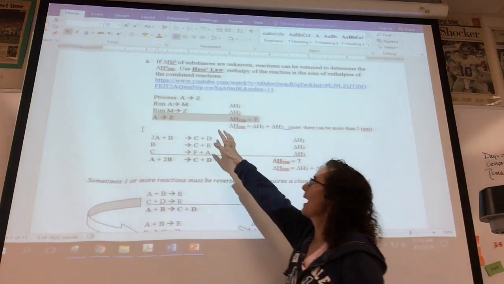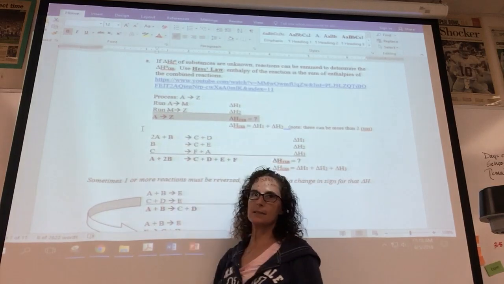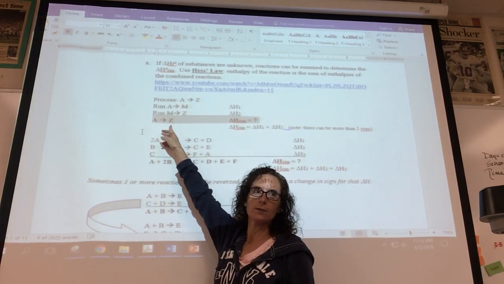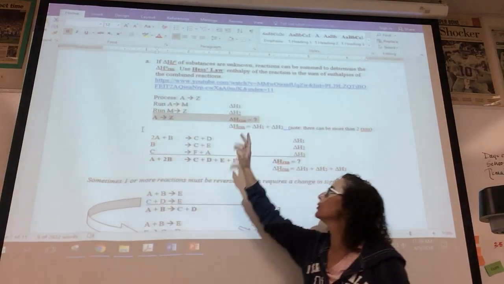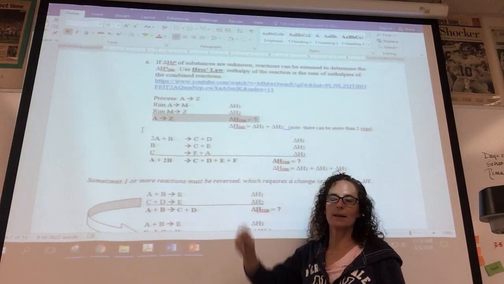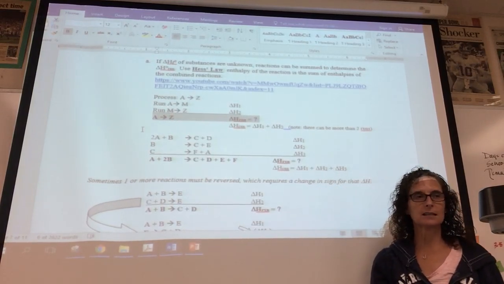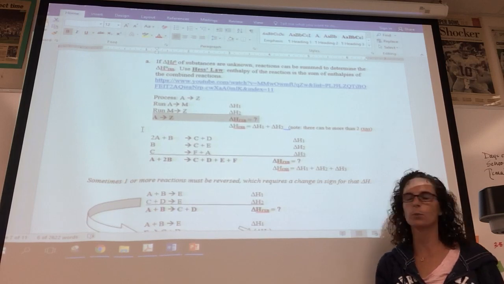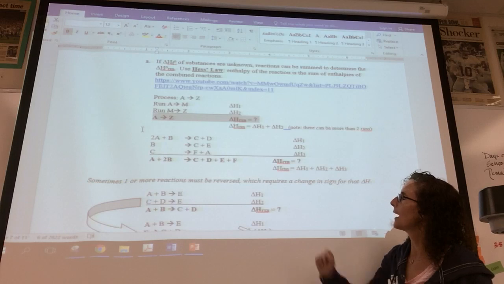If you can add these two reactions together and get your net or bold-faced reaction here, then you can calculate the delta H for the reaction by adding those two delta H's together. The sum of. Hess's law says that the enthalpy of the reaction is the sum of the enthalpies of the combined reactions.